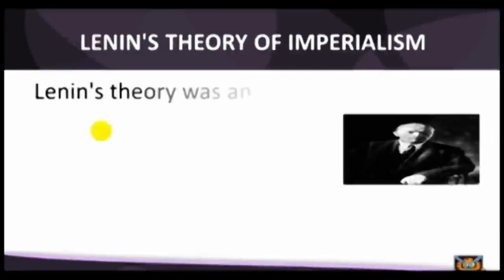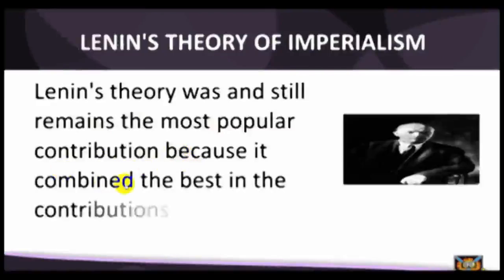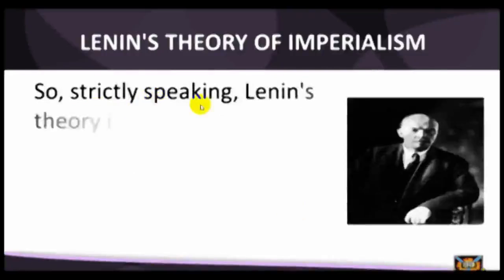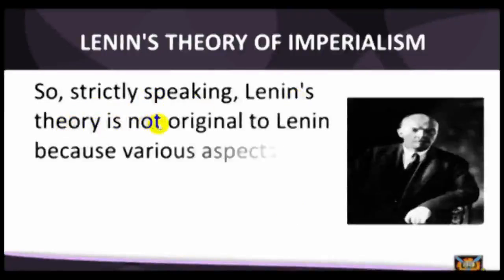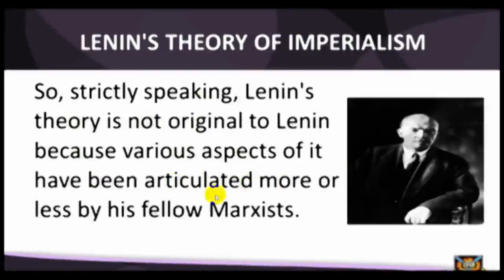Now, know that Lenin's theory was and still remains the most popular contribution because it combines the best in the contributions of these people. Strictly speaking, Lenin's theory is not original to Lenin because various aspects of it had been articulated more or less by his fellow Marxists.